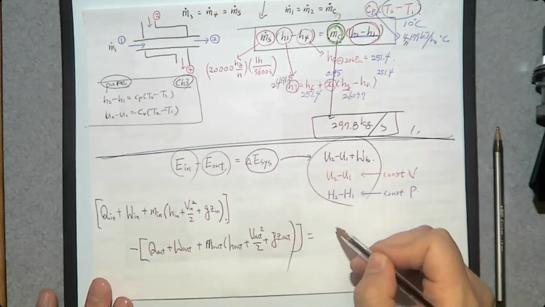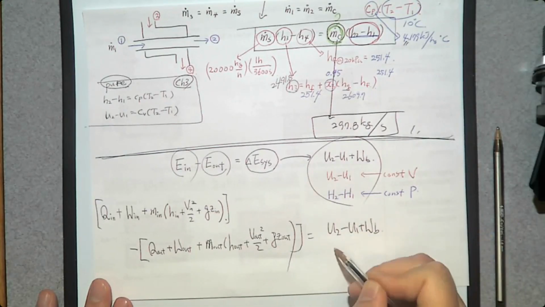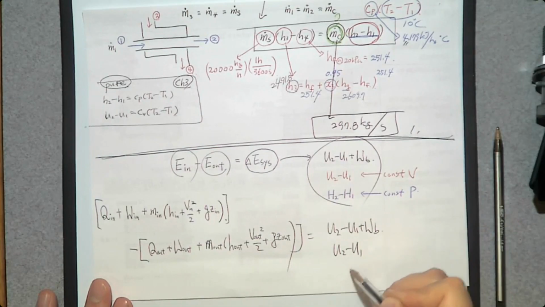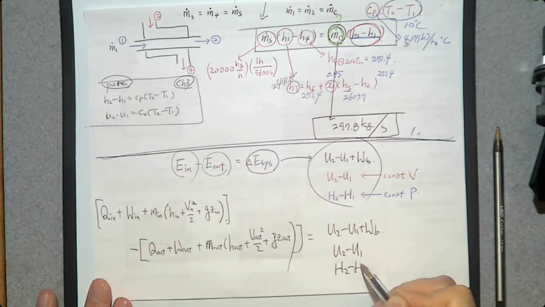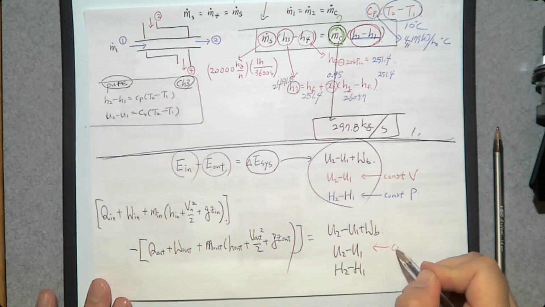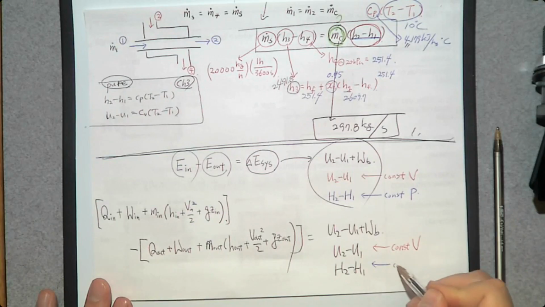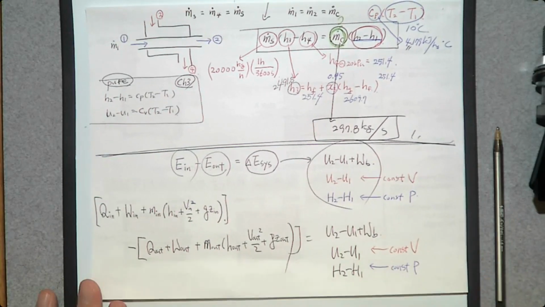The right-hand side is U2 minus U1 plus moving boundary work, or U2 minus U1, or H2 minus H1, depending on whether it is constant volume or constant pressure. So that is the energy balance equation.